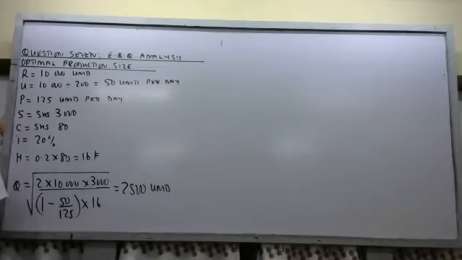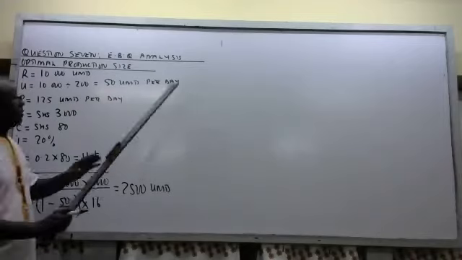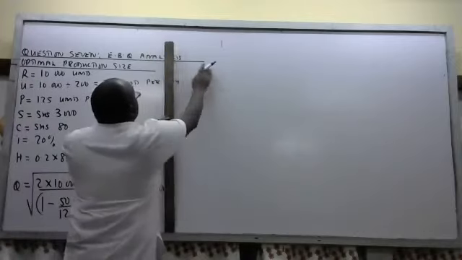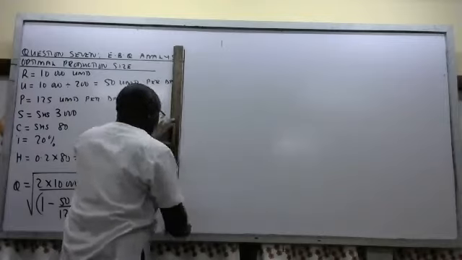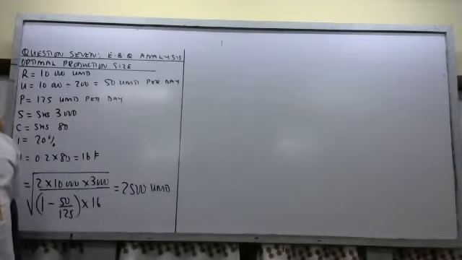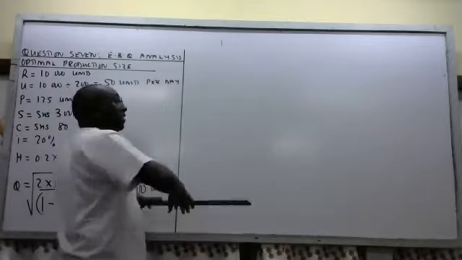Okay, 2,500. So the economic batch quantity is 2,500.